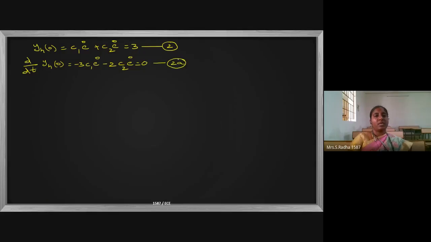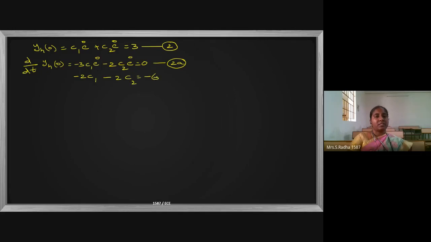We have two equations and two unknown variables, c1 and c2, and we have to get their values. What I will do is multiply equation 2 with minus 2. That gives minus 2c1 e power 0 minus 2c2 e power 0 equal to 3 into minus 2, which is minus 6.